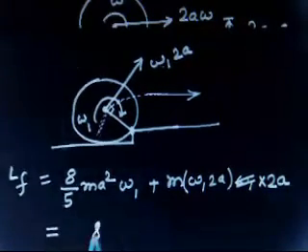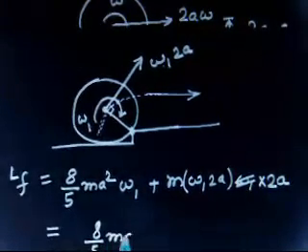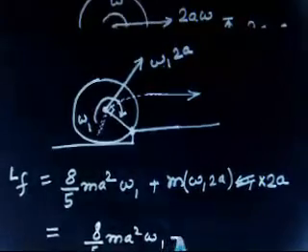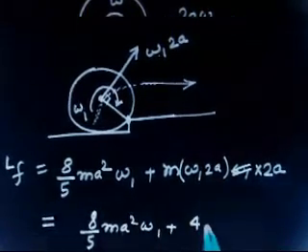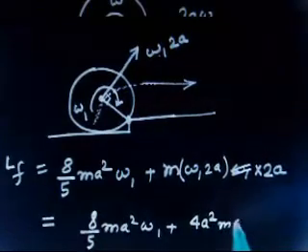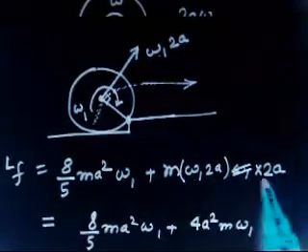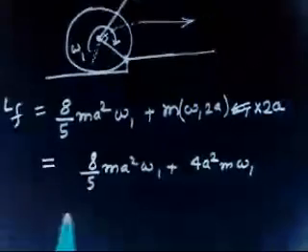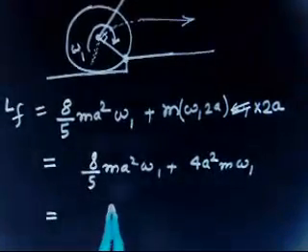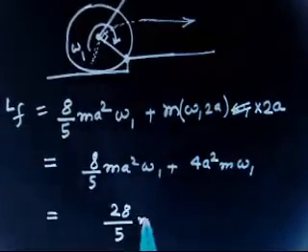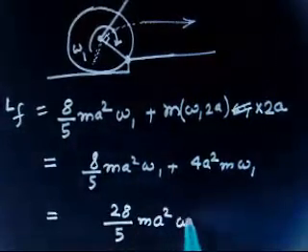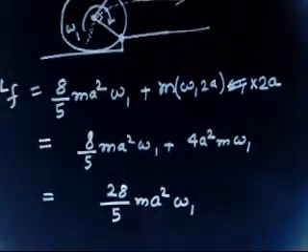This is 8 by 5 ma square omega 1 plus 2 into 2, 4a square m omega 1. So we will have 20 plus 8, 28 by 5 ma square omega 1. I think all of you are getting this one.